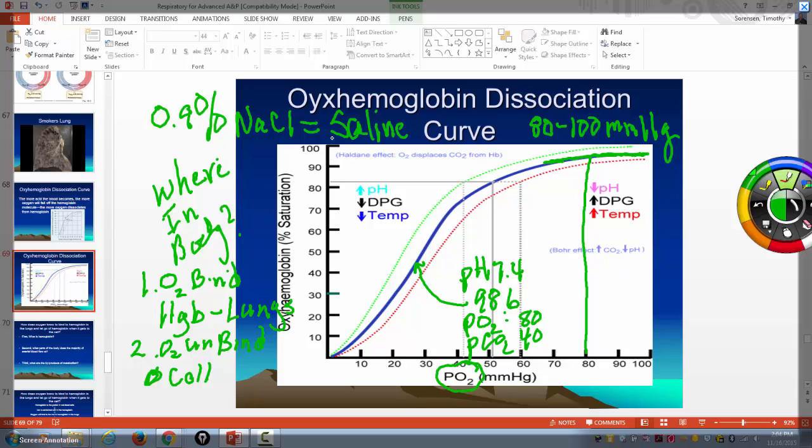It should be between 96 to 98%. So that means that every red blood cell that goes through a pulmonary capillary and encounters that alveoli, the PO2 in that alveoli is 100.